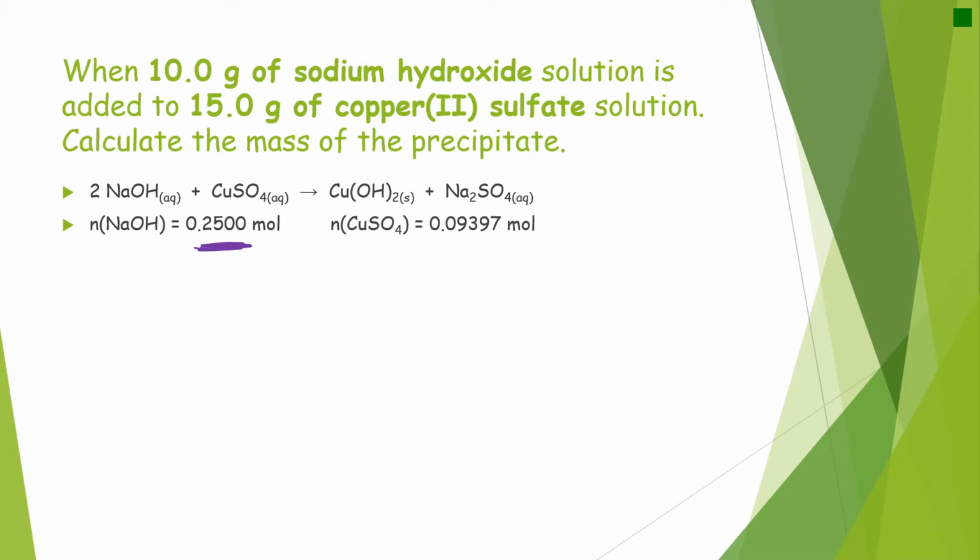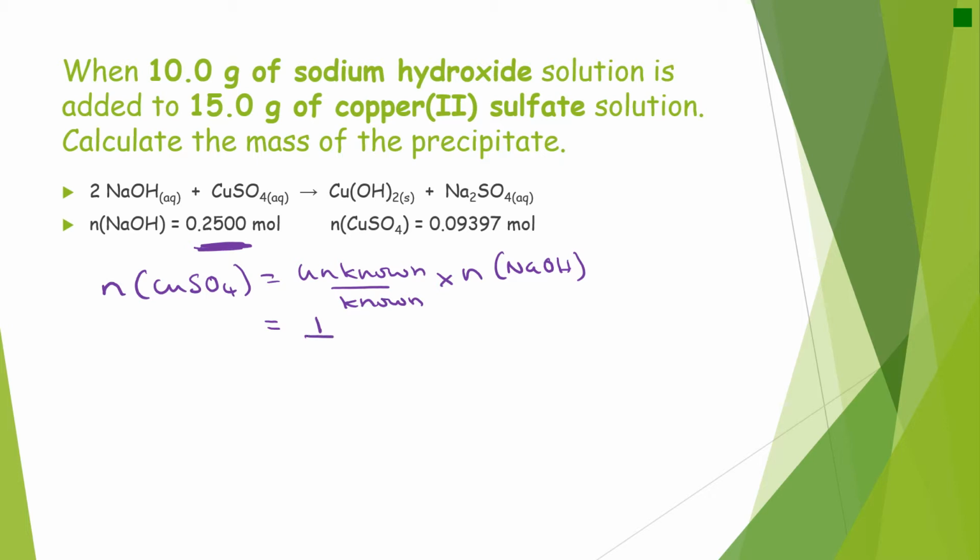So the number of moles of copper sulfate would equal the unknown over the known times the moles of sodium hydroxide. So the unknown would be 1, the known would be 2, times 0.2500. And this comes out to 0.12500 moles.